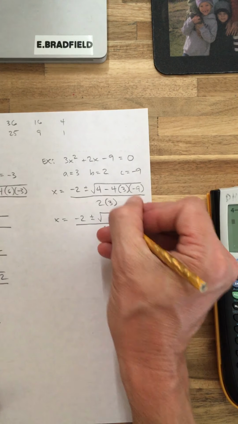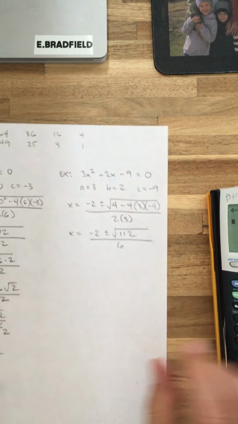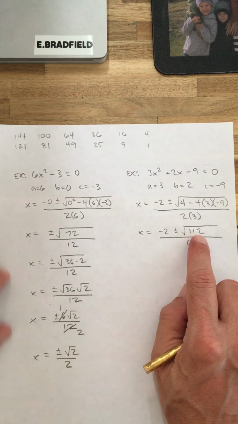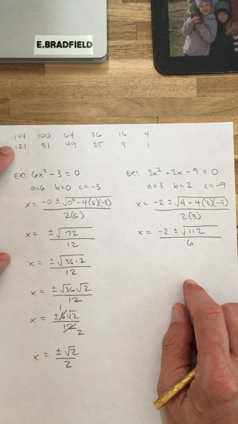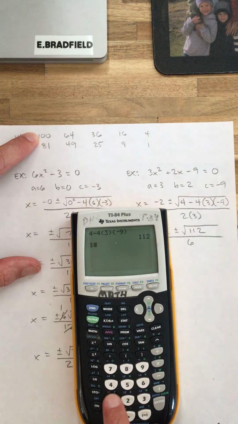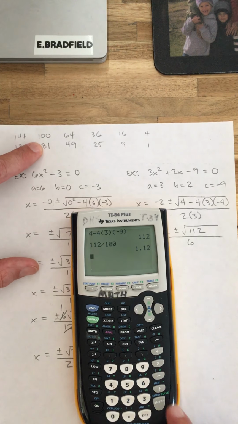So 112. Let's use our list. 112 divided by 144, too big. 121, too big. 100, let's try it. Nope, that's a decimal. Let's try 81.